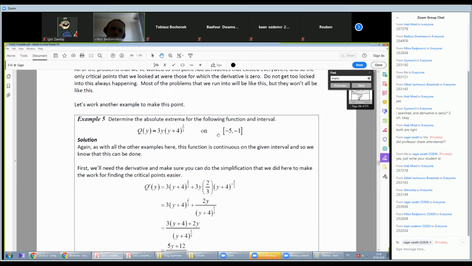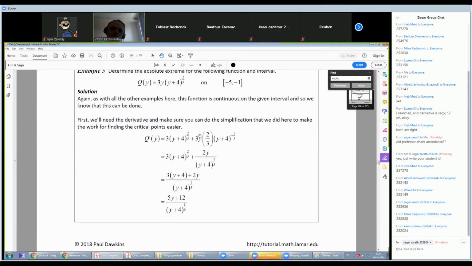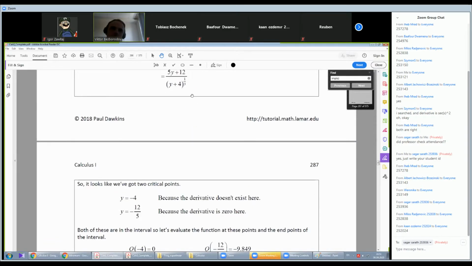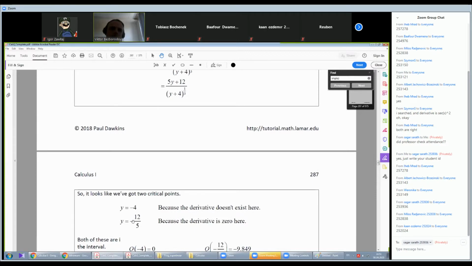So let's consider this example. Here you have this function. You're also given the interval. We find the derivative, and this is what we find in the end. Now you have two critical points. One is where the derivative is 0.